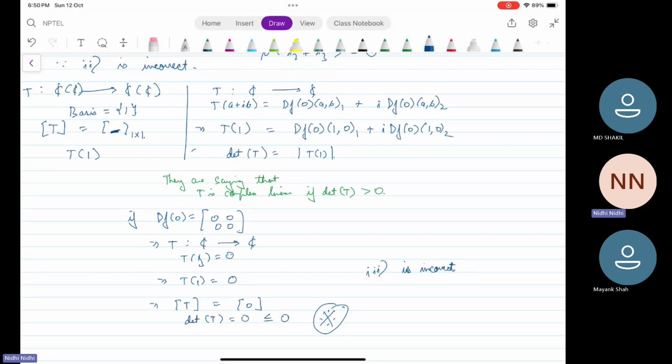When we are taking the vector space of complex numbers over the field of complex numbers, our basis has just one element, 1. When we are talking about C over R, this is a two-dimensional vector space with basis elements 1 and iota. Whereas in the case of C over C, this is a one-dimensional vector space with basis element just 1.